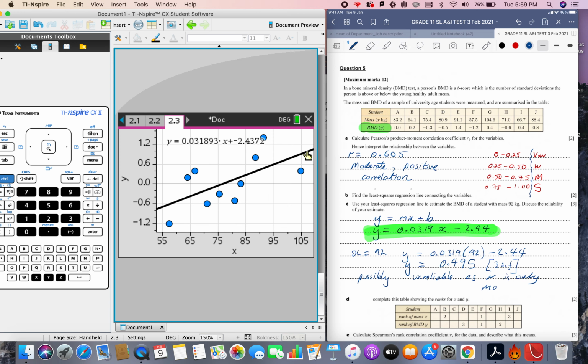There's not a great strong positive correlation, so we would have to say that it's just an estimate, and it could be a wide estimate, so we're not sure how accurate our prediction will be. Now if we look at the data again from a scatter graph, we might see that this point here might be an outlier, which might give a hint that maybe a different type of correlation could be used.